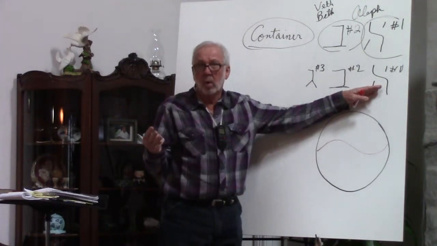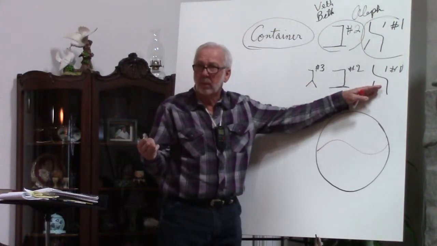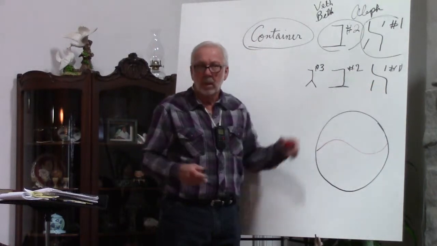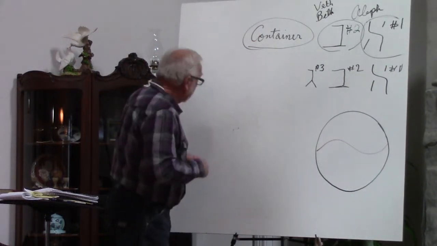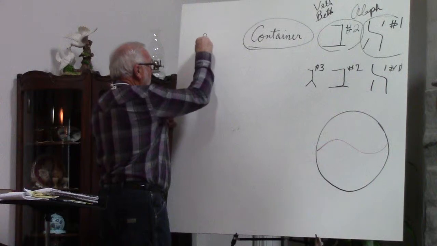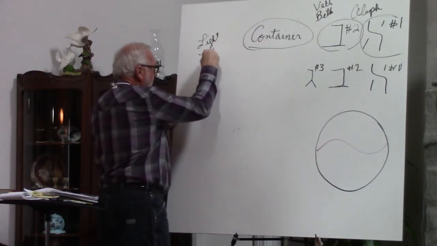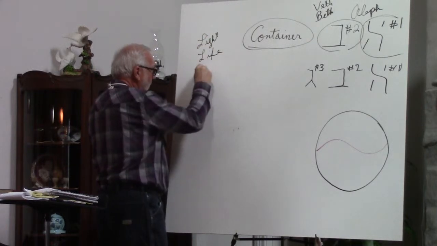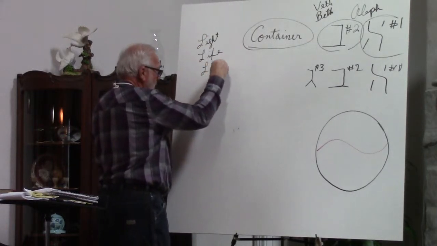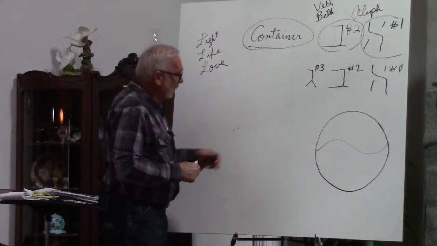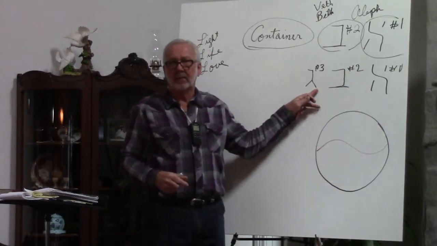So really that's what you are. You're a triune. You're a threesome. What is that threesome? That threesome comes out of light, which is God, which produces life, and the two of them married together, becoming one, produces love. And so that's exactly what this is, light, life, and love.